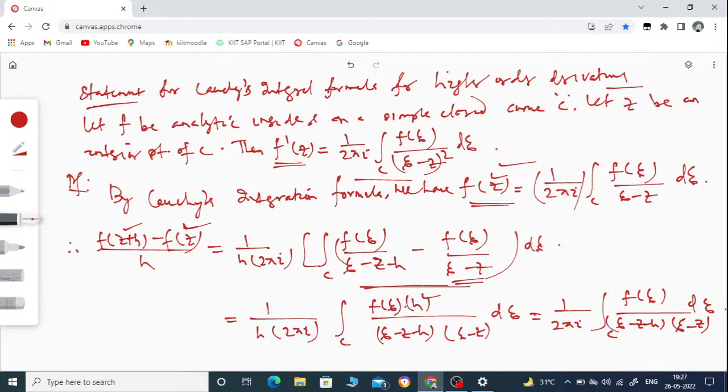Let this be your equation 1. This is f of z plus h minus f of z divided by h, equal to this.